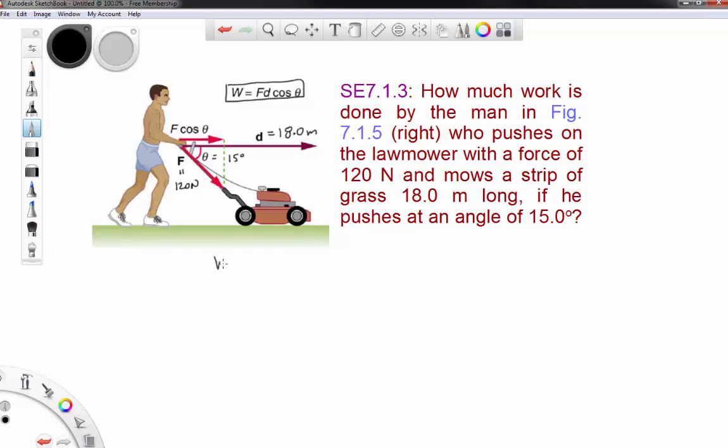So the work done should be 120 newtons times 18 meters times cosine of 15 degrees. So that is 2,086 joules. So again, three significant figures. We might write this as 2,090 joules, approximately.